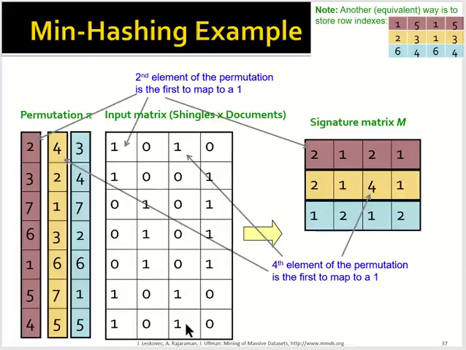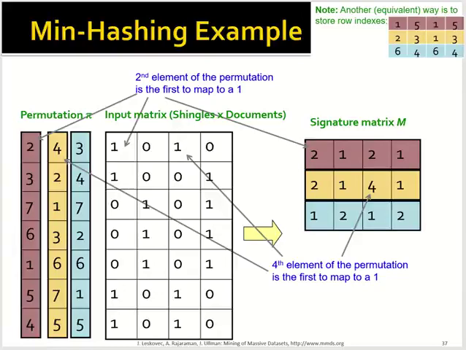So the minimum number of 4, 7, 5 is 4. This is how the 4 comes from. In that case, from all the permutations based on this matrix, we got the signature matrix M here. That's the transformation mechanism regarding the min-hashing functions.